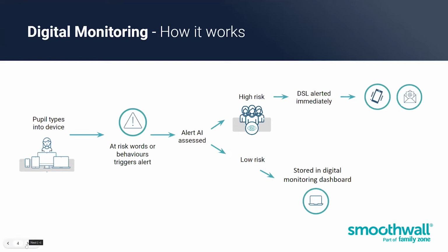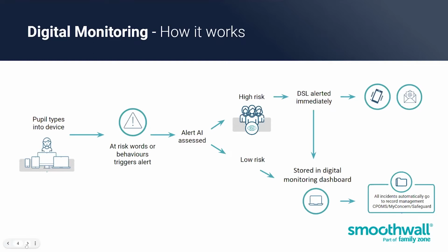There is actually integration as well between monitoring systems and your record management software. So if you have either CPOMS, My Concern, or Safeguard, the risk alerts and the events will automatically be fed through to those record management softwares as well.